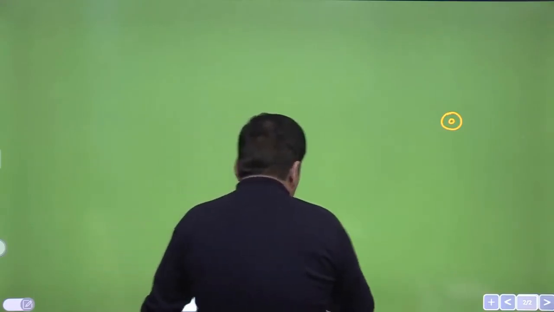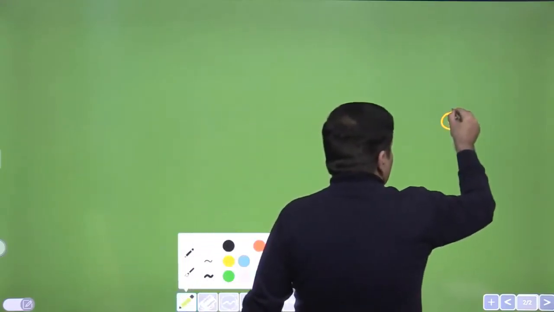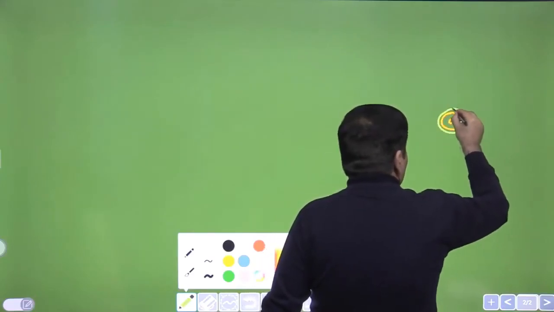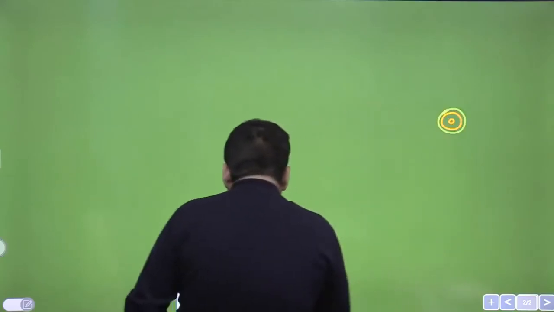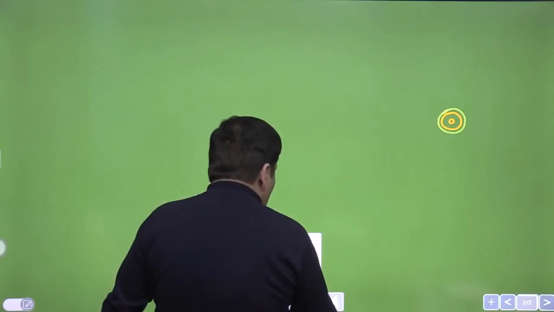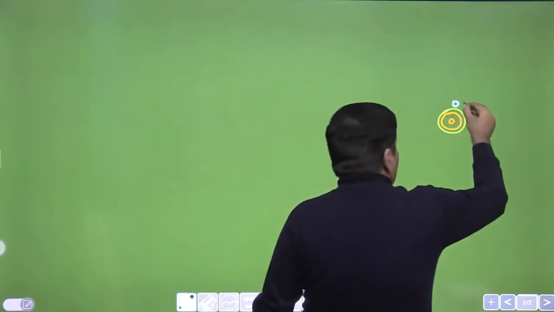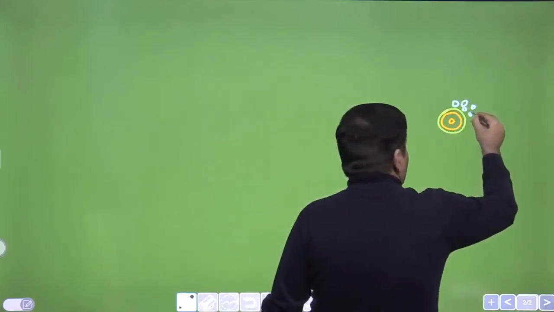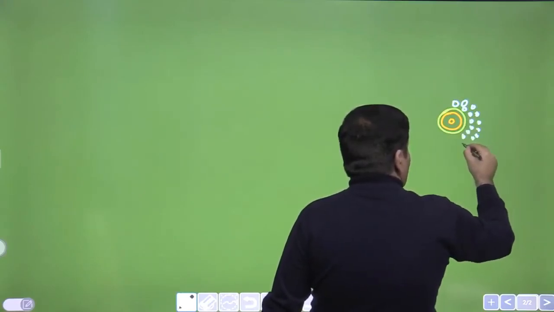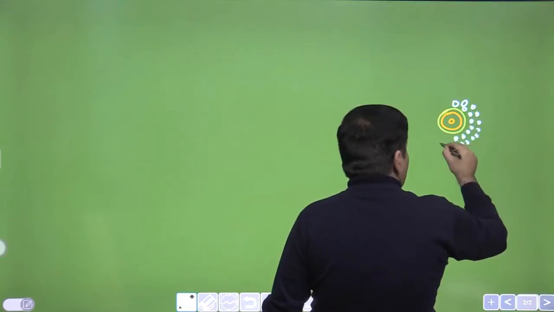As I told you, this would be surrounded by a glycoprotein layer, and this glycoprotein layer is called the zona pellucida. On the outside of the zona pellucida it is again surrounded by a few layers of cells, and these cells are called the corona radiata. These cells now magically change their names.